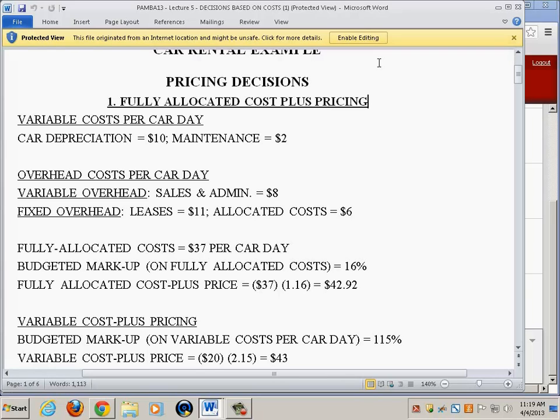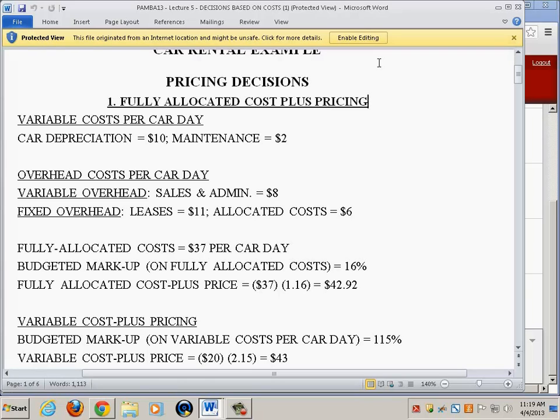And to this total fully allocated cost per unit, you add a target markup or a profit margin. That is the profit margin that is deemed desirable and feasible by the business. And after adding this markup or profit margin, you get to a targeted price.